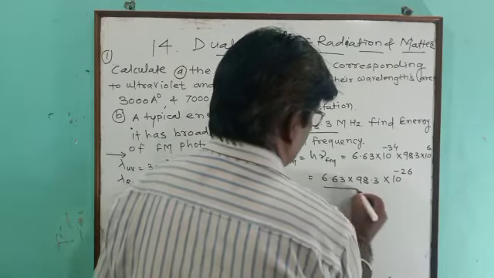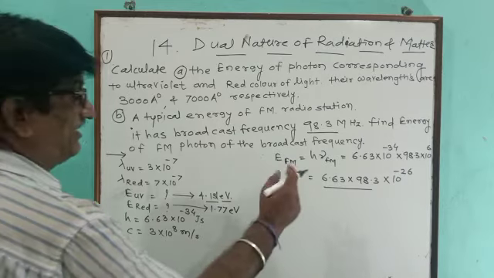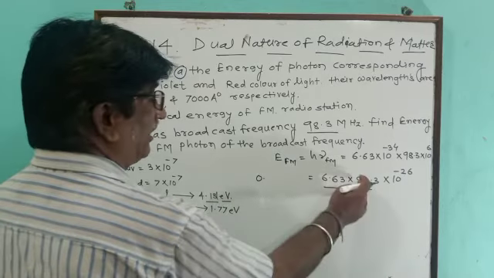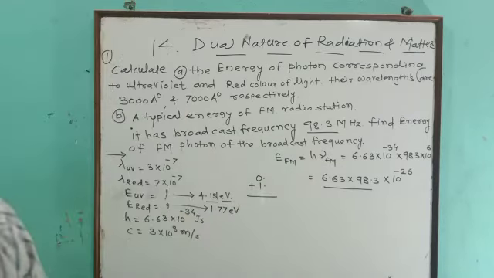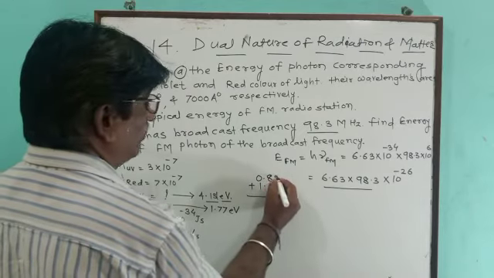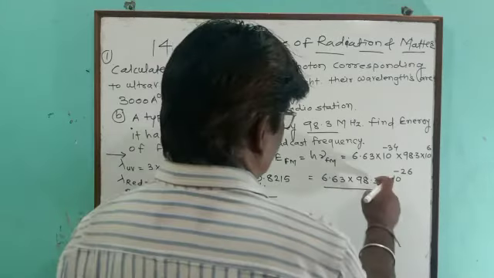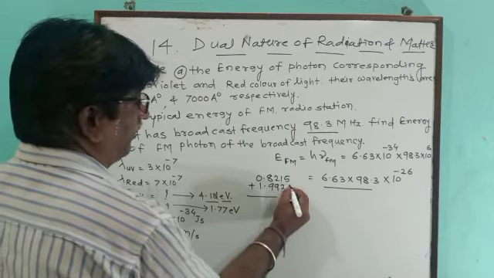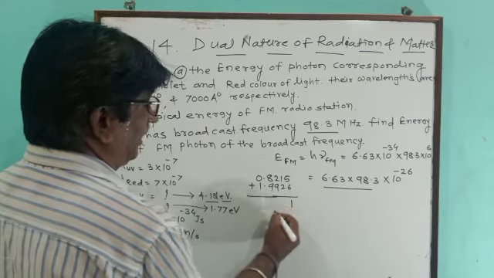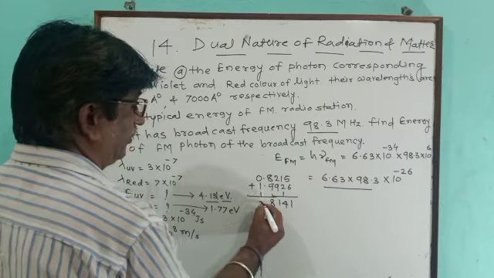For this calculation, we cannot calculate easily, so we can use logs. Log of 6.63 is 0.8215, and log of 98.3 is 1.9926. If we add them, we get 2.8141.